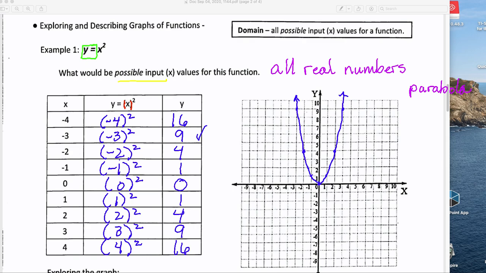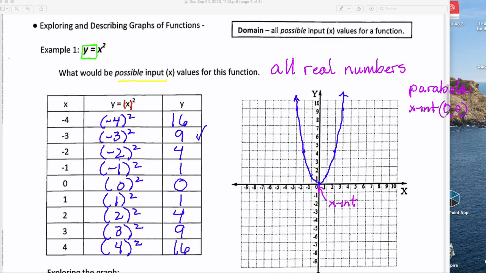It asked me about x and y intercepts. Remember, x-intercepts are where the graph crosses the x-axis. Well, it didn't actually cross right there, but where it touches right here qualifies as an x-intercept. So we're going to say we had an x-intercept at (0, 0).